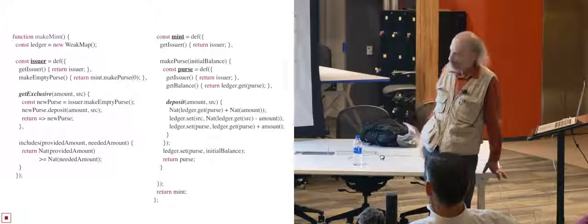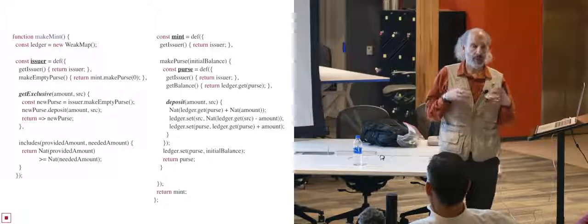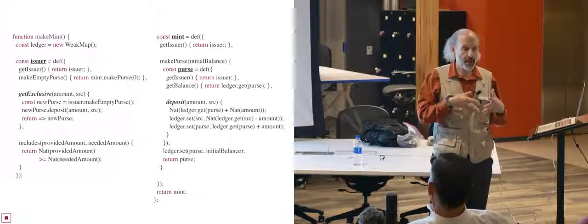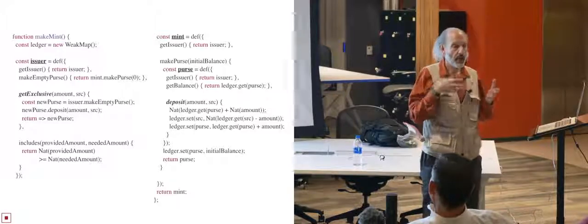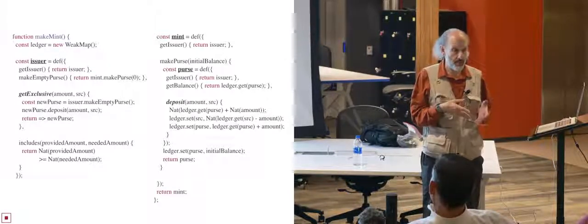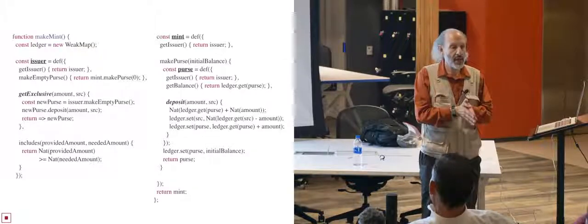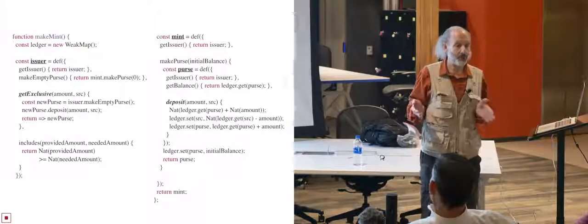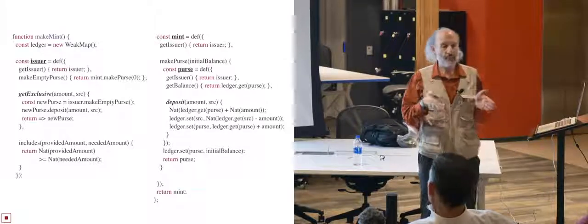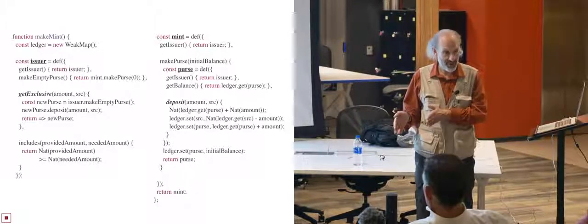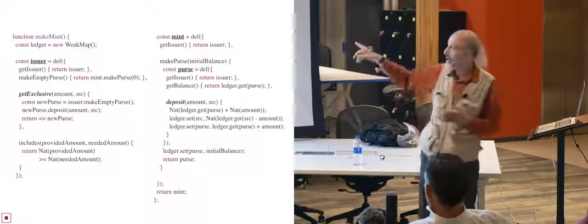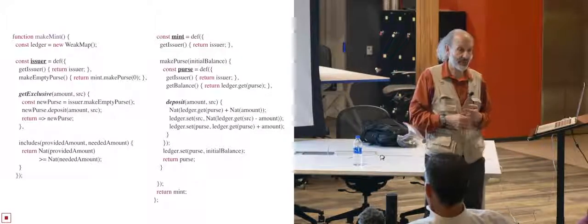Nat is a utility function that just checks that the argument has the value of a natural number within the range of safely representable natural numbers. JavaScript will have big ints soon, in which case the outer nat in this first line will become unnecessary.